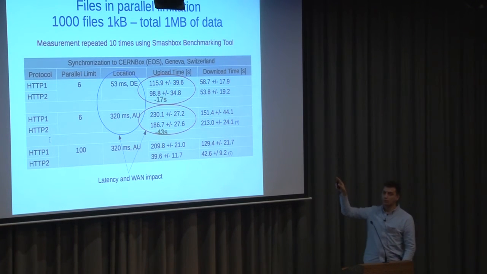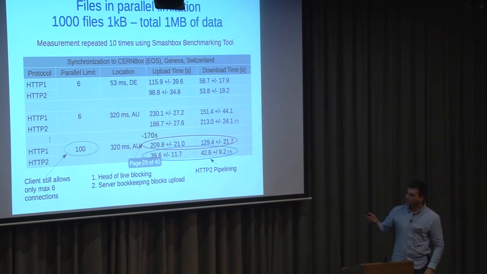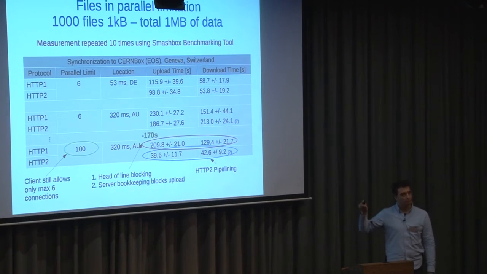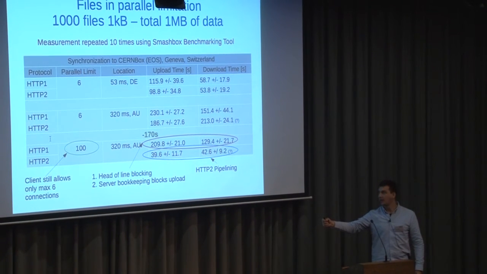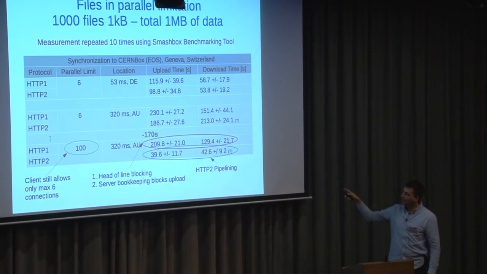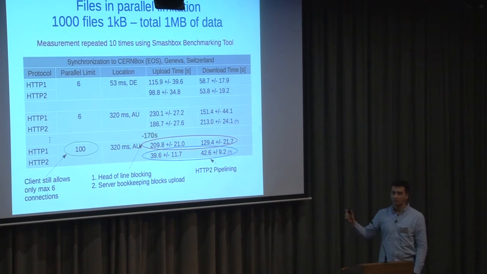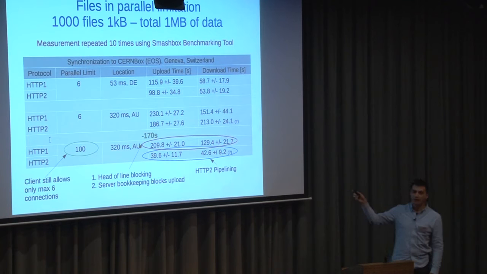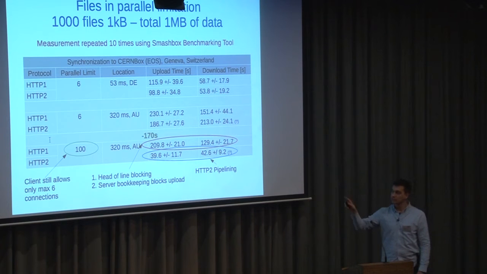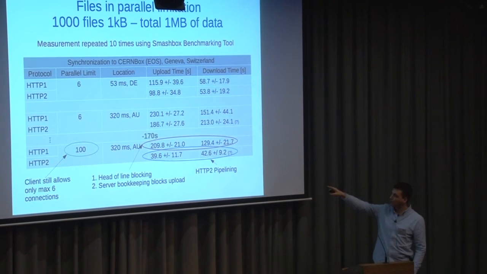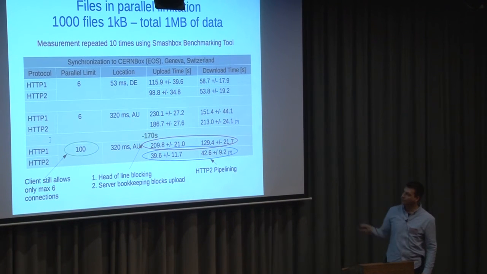Of course, the variation is quite high, so we cannot reach a definite conclusion from here. But what was very interesting for me to see is that if we start piping more requests on the pipe, we can greatly reduce the synchronization time, because in HTTP1 we still have only 6 connections which have head-of-line blocking, and server bookkeeping blocks upload, so we have different timings there.